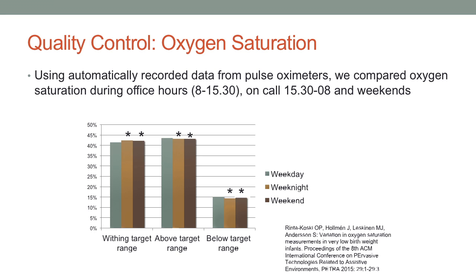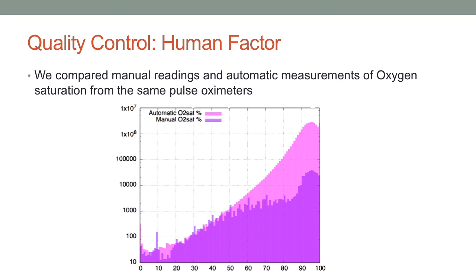When we were looking at how well our actual oxygen saturation measurements fall within this target range, we noticed that, contrary to our hypothesis, we have the best adherence to target limits during weeknights and weekends, not during weekdays like we had expected. You can see that the changes are quite small, but when we have such a huge sample size, they are statistically significant.